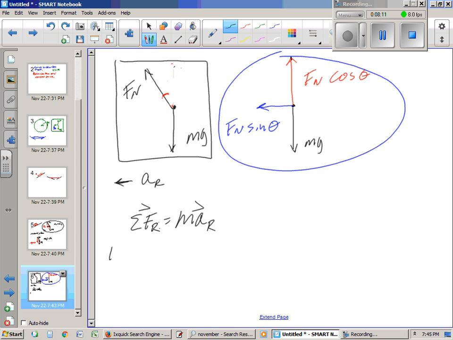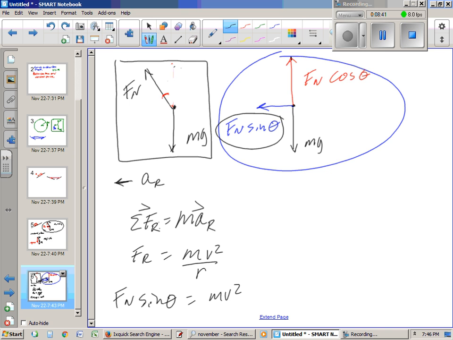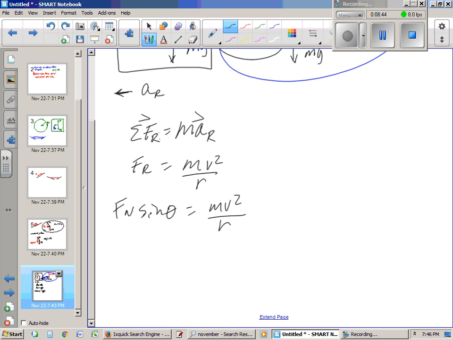What we get here is that F radial is equal to m v squared over r. As I said earlier, there is really no F radial. That F radial is really Fn sine theta. So we replace this with Fn sine theta equals m v squared over r. That's as far as we can go because we don't have a value for Fn.